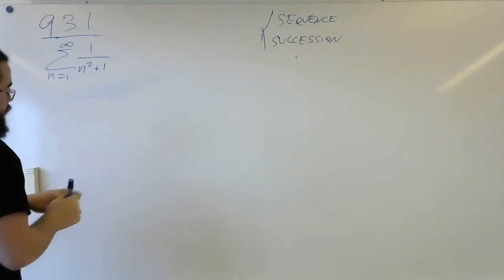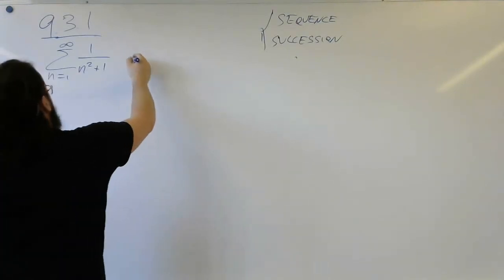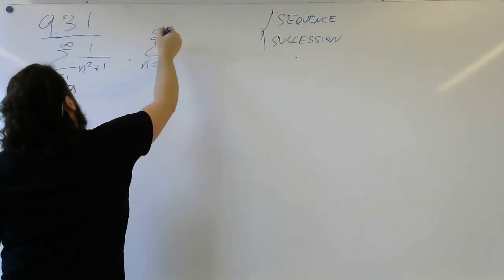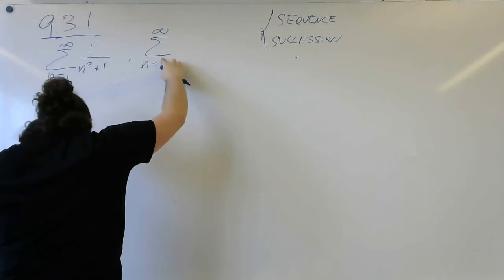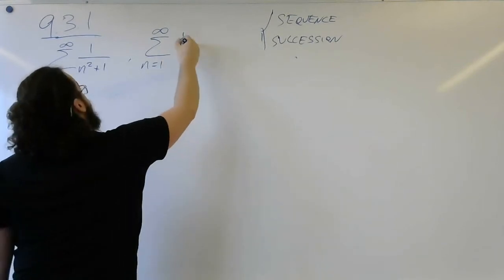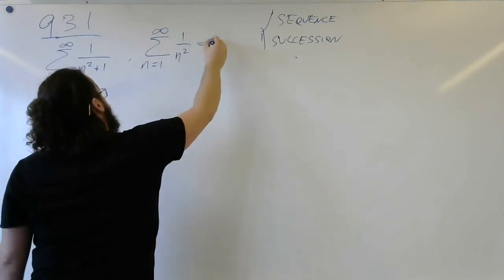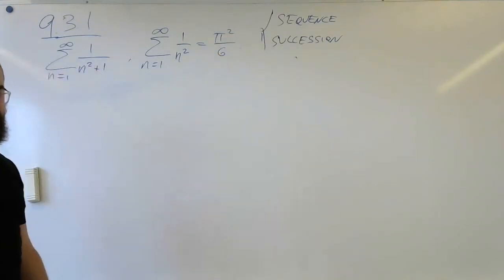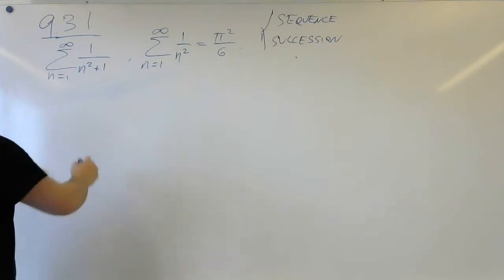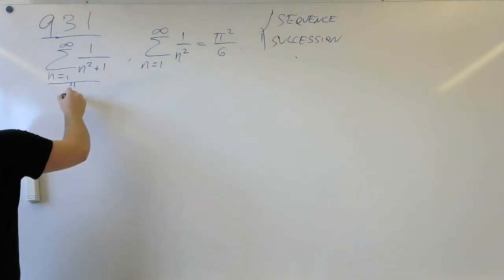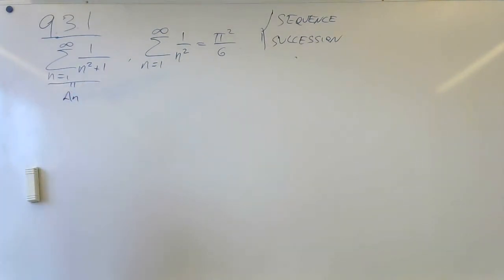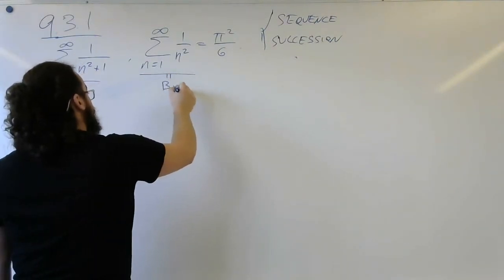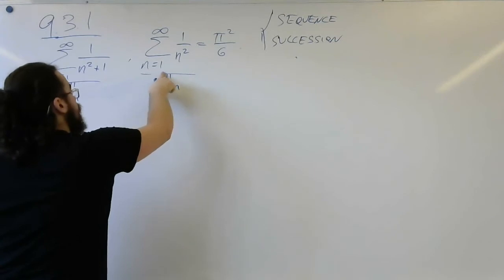In order to determine if this series converges or not, I'm going to require an additional result. Which is this thing here. Now, let's call this an, let's call this bn.